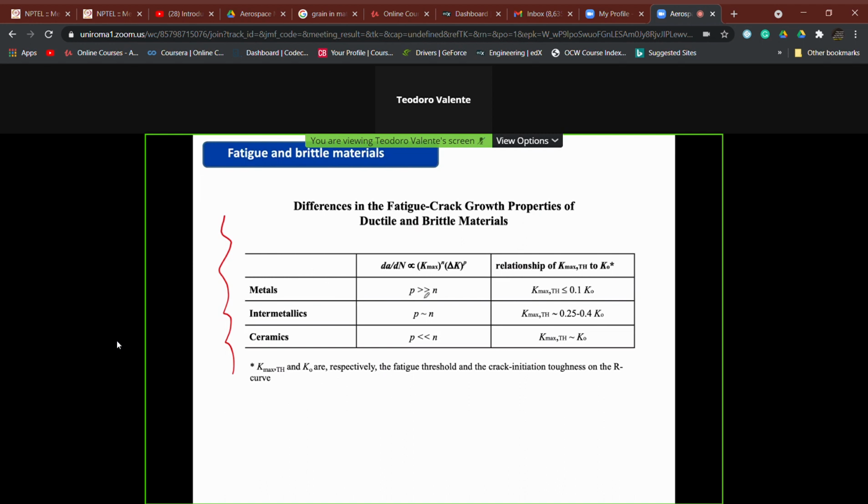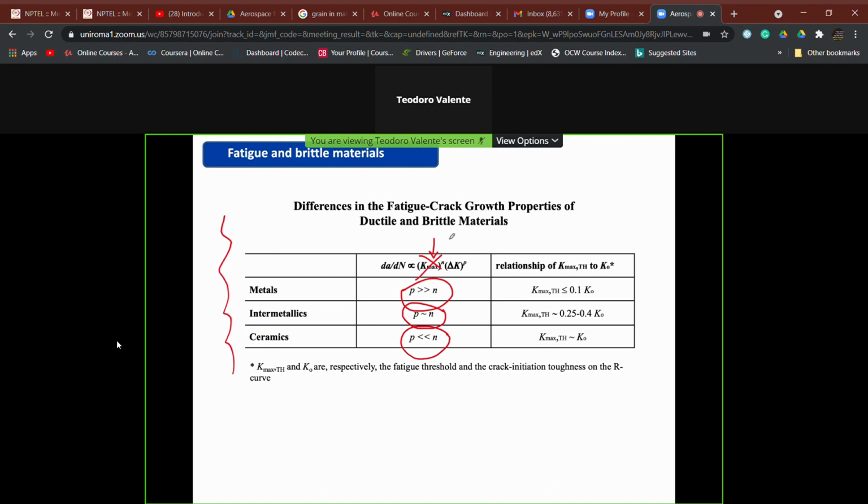See here, for the metals, P is much higher than N, and this means that this term can be neglected in the simple formulation, and we have the Paris law. That's not the case for ceramics, and not only: it is also not the case for intermetallic materials. We have studied intermetallic materials for which the formulation in which the dependence on the maximum value of the stress intensity factor of the fatigue cycle cannot be neglected, since it has a very relevant influence.